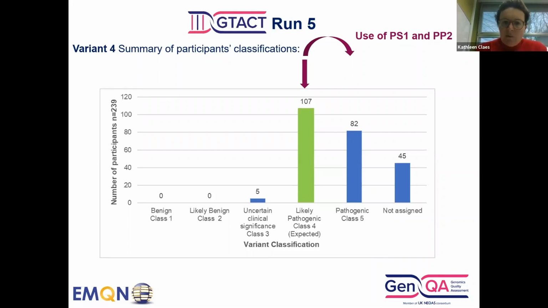That's correct. However, as I said before, the mutation spectrum is less well known than for other genes, and there are already a few missense variants classified as pathogenic. That's why I would not advise to use PP2.